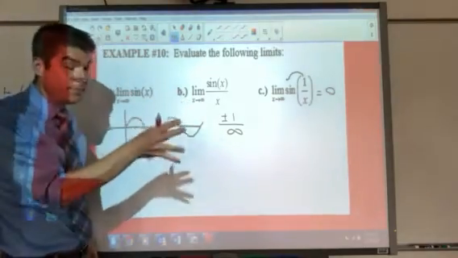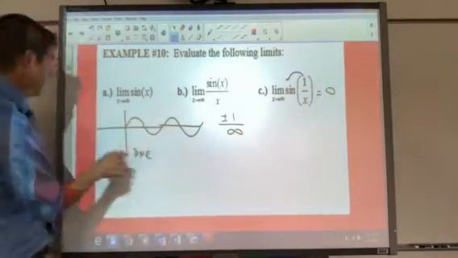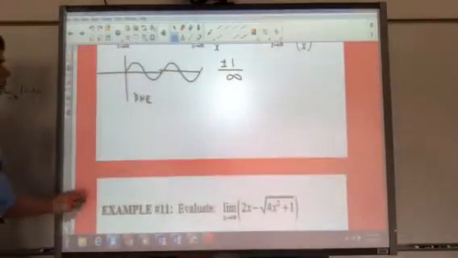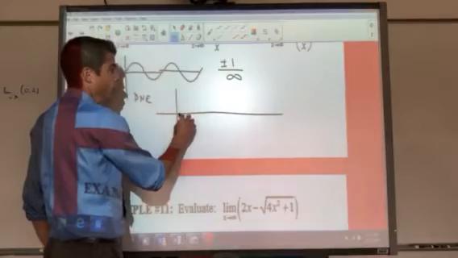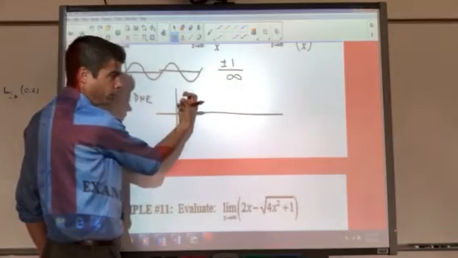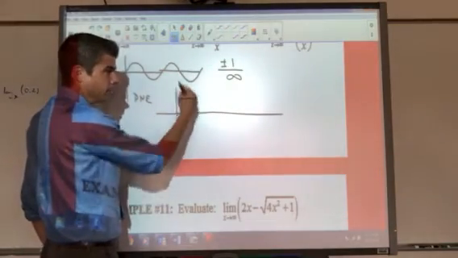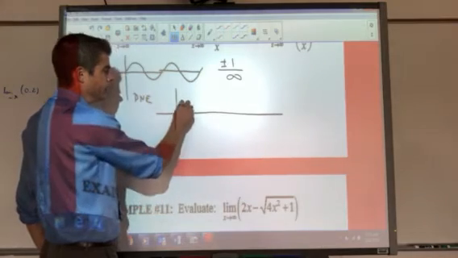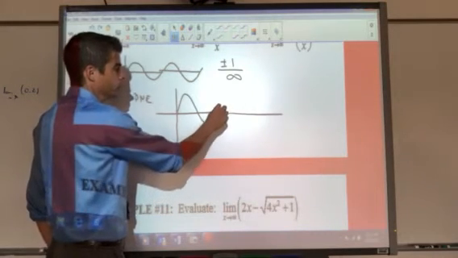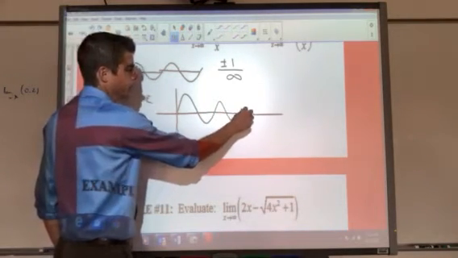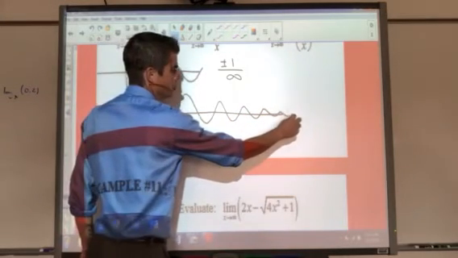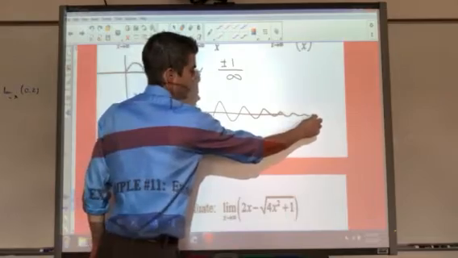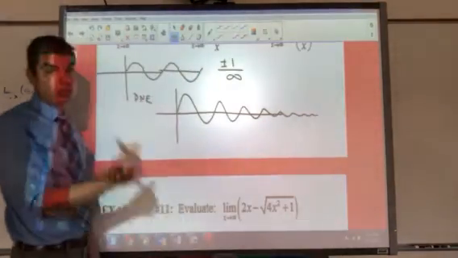They are bouncing back and forth between positives and negatives, but that's okay, because if you think about what that graph might look like, think about a sine wave whose amplitude gets shrunk. It could still oscillate between positive and negative, but you're still getting a predictable value of 0 as you go along. The amplitude is shrinking, so it does get closer and closer to 0.